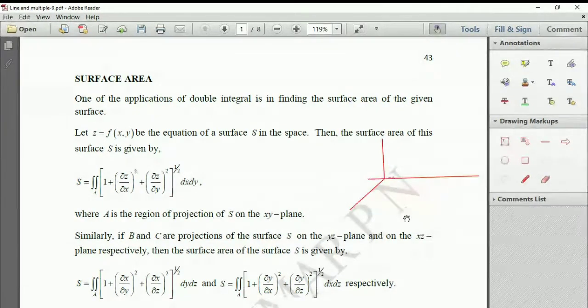So this height is the z-axis, this is the y-axis, and this is the x-axis.